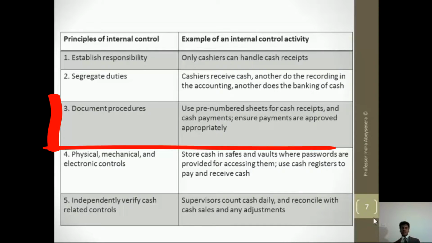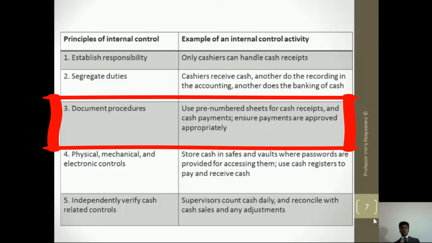The third principle is to document various procedures. For instance, for various cash payments and cash receipts, pre-numbered sheets should be used, so that there's a sequence of cash receipts and payments, and the pre-numbered sheet sequences can help in identifying when and to whom the cash was paid or was received.